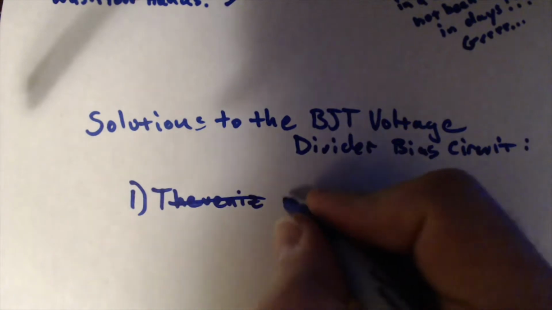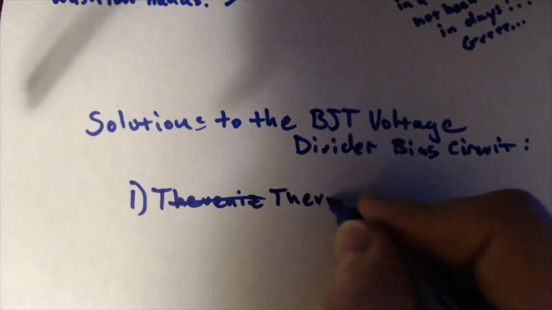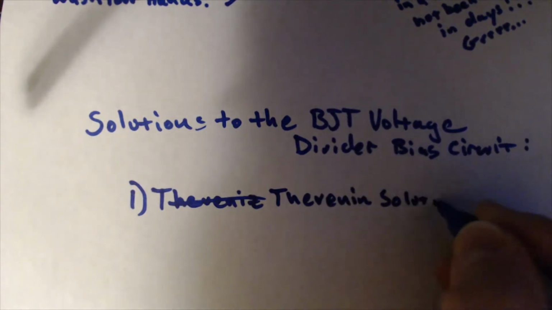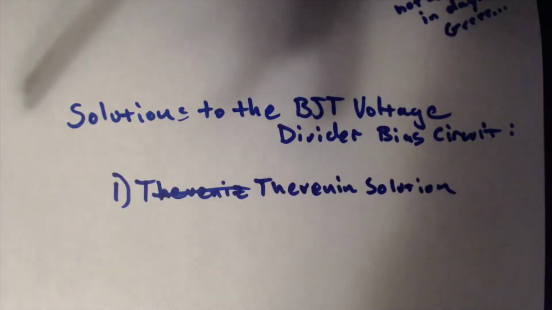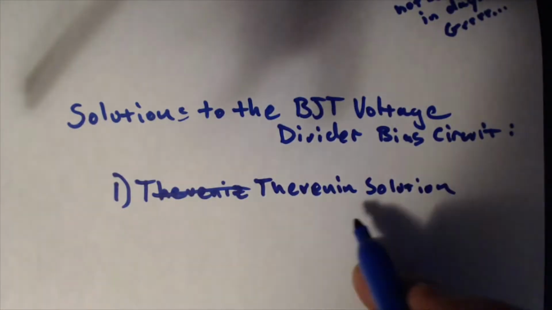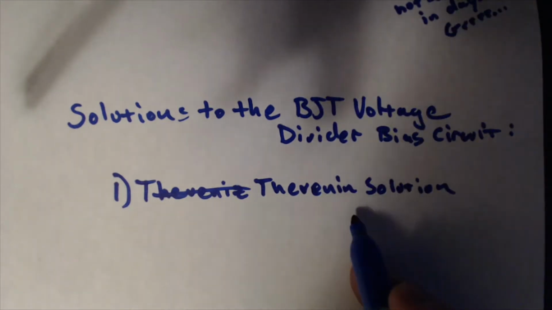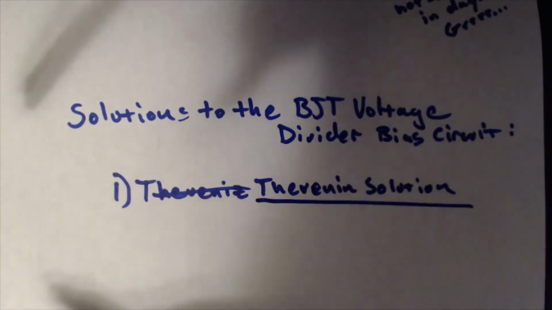Actually, let me say the Thevenin solution, so we can apply Thevenin's theorem and reduce the circuit into something very easy that we can solve. That's going to be the first technique that we learn.